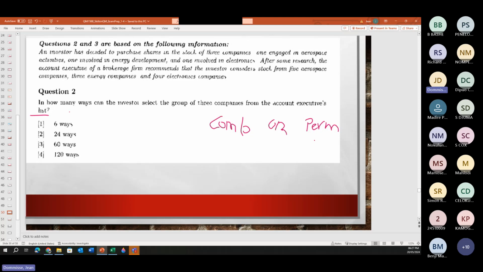Okay, so if I wanted us to say, in how many ways can we investors select the group of three companies so that the electronic company is first?